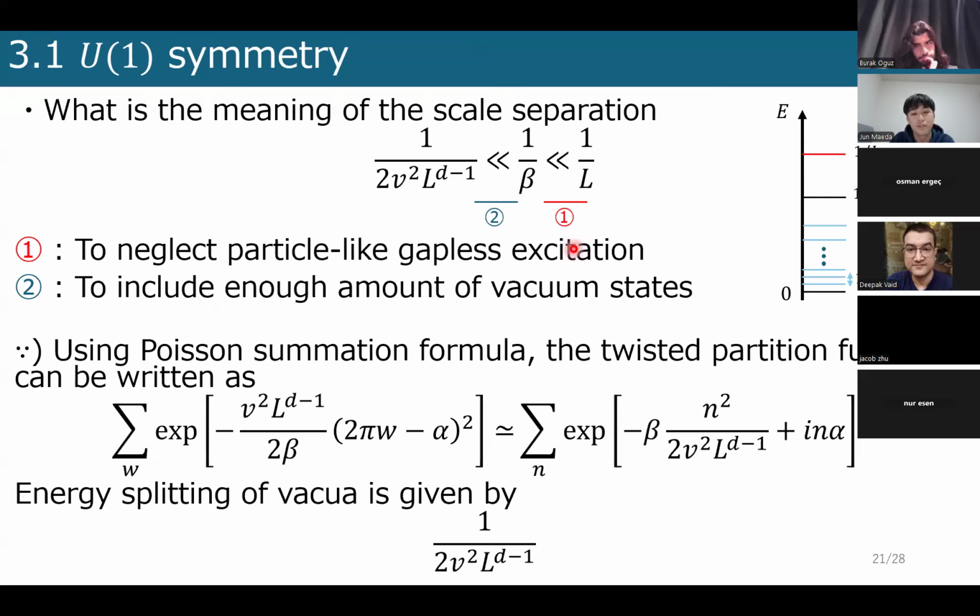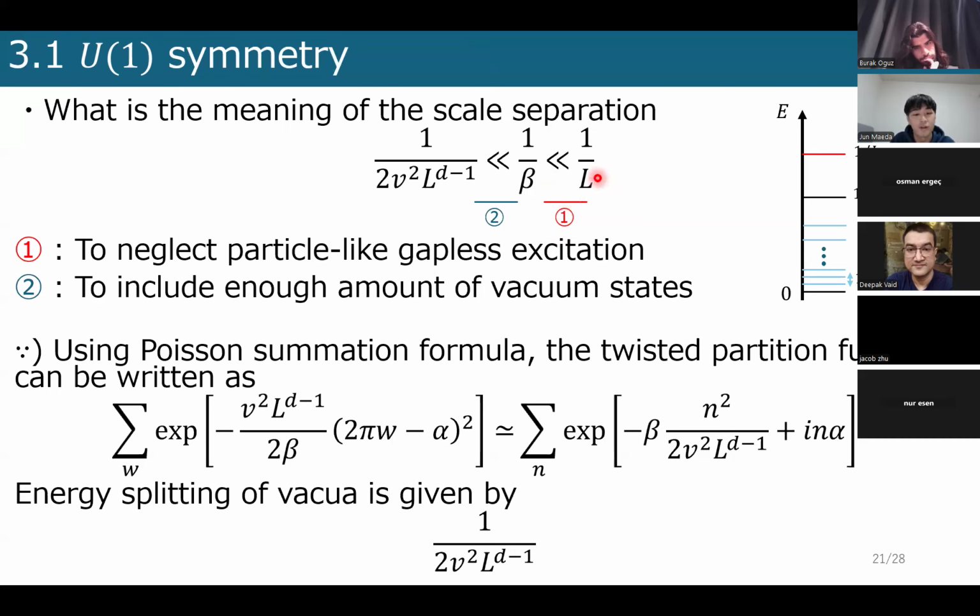First, let us consider the right-hand side. The rightmost term, 1 over L, is the energy of particle-like Nambu-Goldstone excitations, because here we consider a finite volume with length L. So the energy of particle-like excitations is approximated by 1 over L.